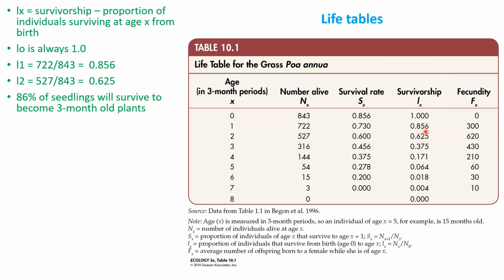So that means about 86% of the seedlings will survive to become 3-month-old plants, right? And if you go further down, the next survivorship is 0.625 for the age class 2. What does that mean? About 63% of the seedlings in this population will become 6-month-old plants, right?